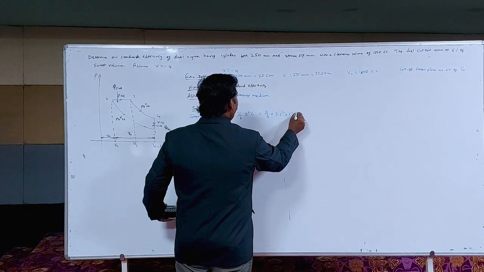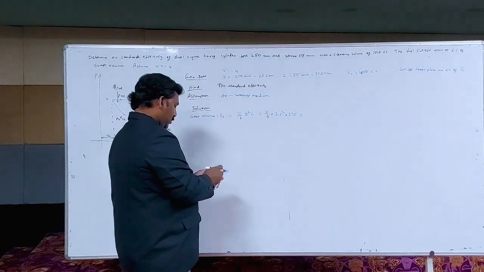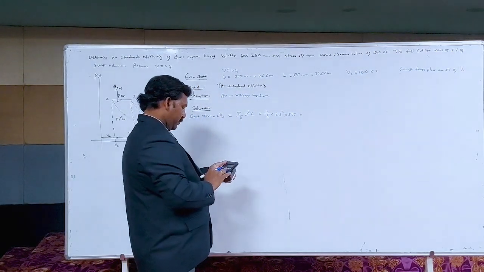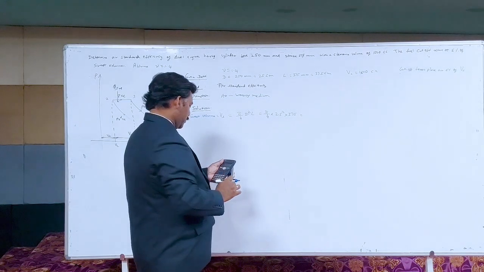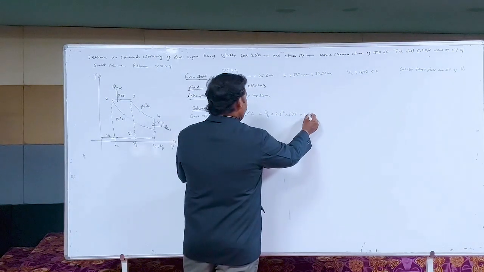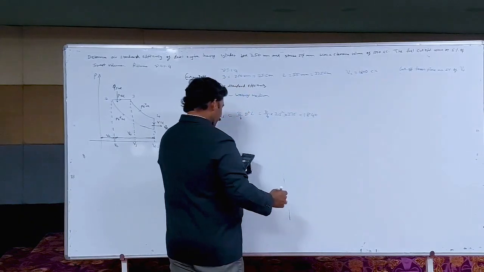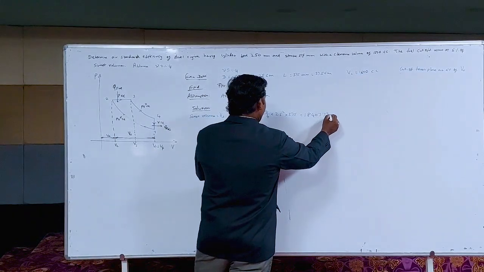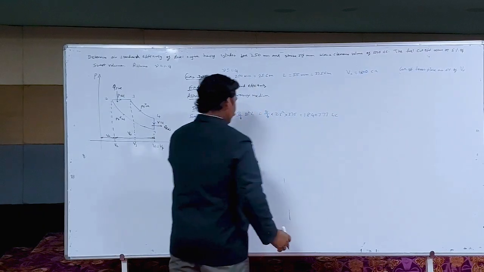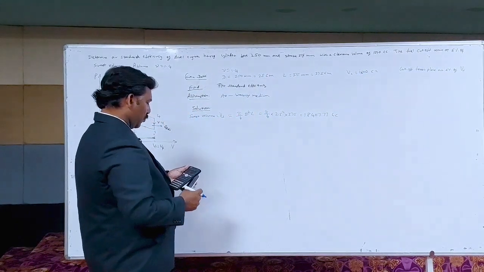So you get 18407.77 cc, centimeter cube.